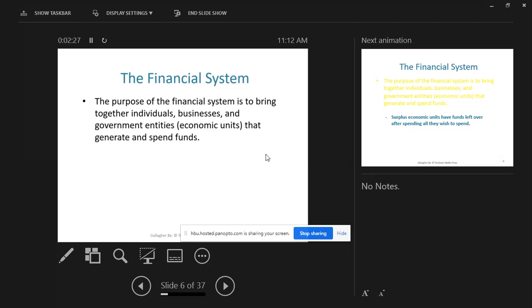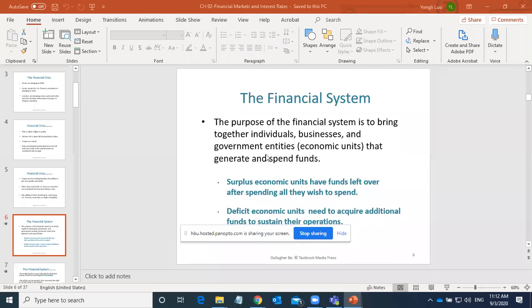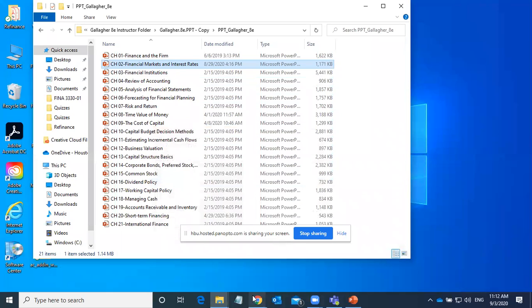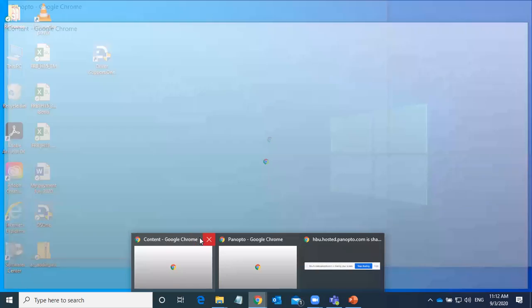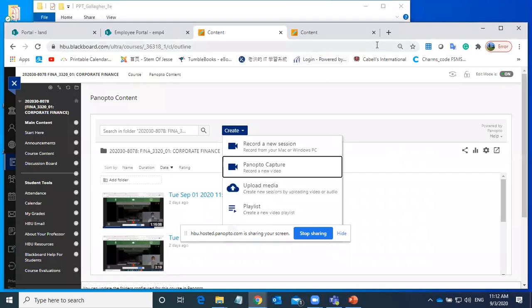If you study corporate finance, I would suggest you think about the CFA, Chartered Financial Analyst.